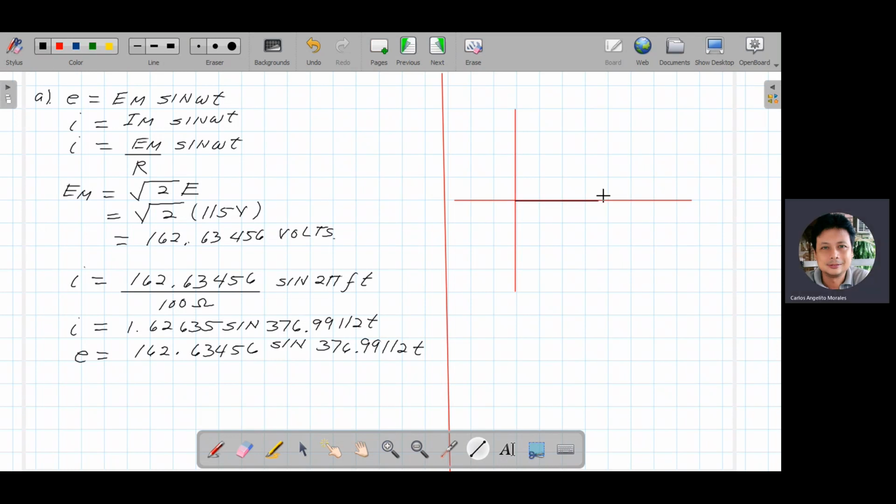Ito yung para sa current. Tapos ito yung para sa voltage. In phase kasi purely resistive siya. Ito yung current mo. So, lagyan natin ng box itong dalawang to. So, yung kasi sa letter A.